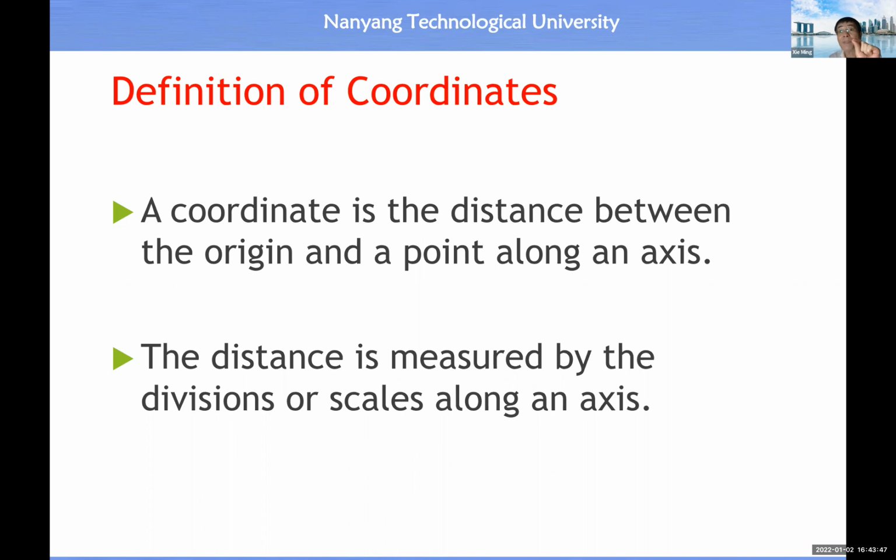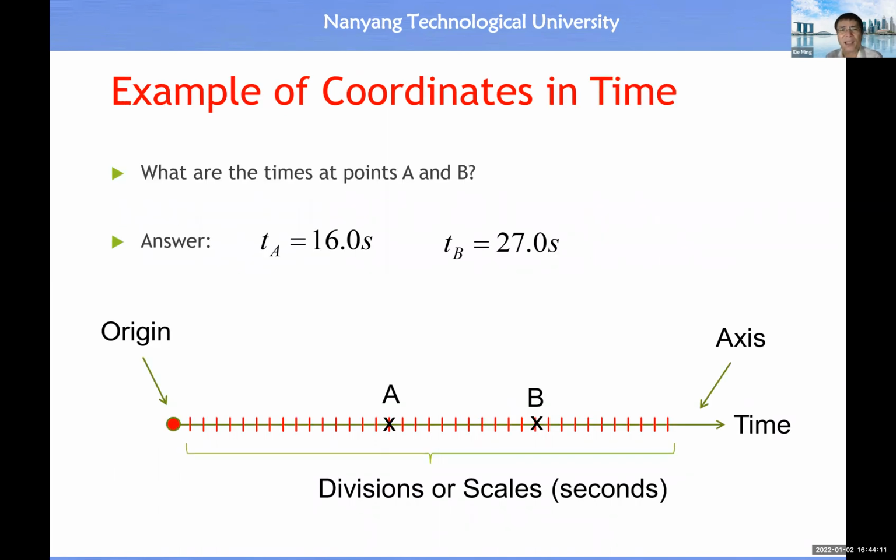This point could be the projection of any physical entity onto the axis of a reference. The distance has a unit of measurement, indicated by the unit of the scale or division. So this is the detail about the reference for space and the reference for time.